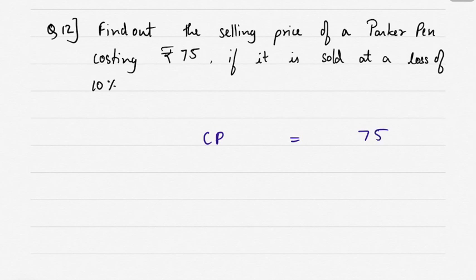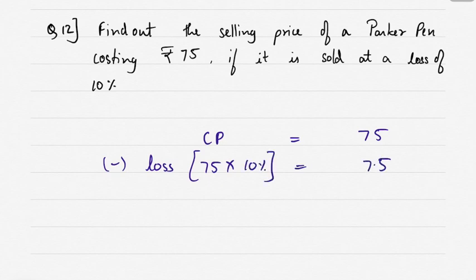Loss is 10%. So 10% means 75 into 10%, which comes to 7.5. So cost price minus loss is your selling price. So 75 minus 7.5.